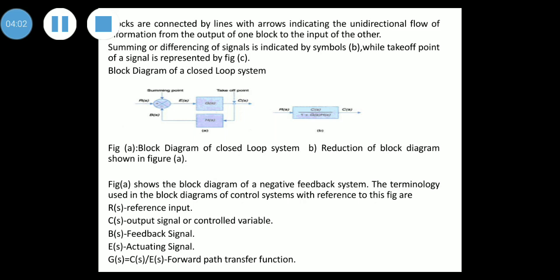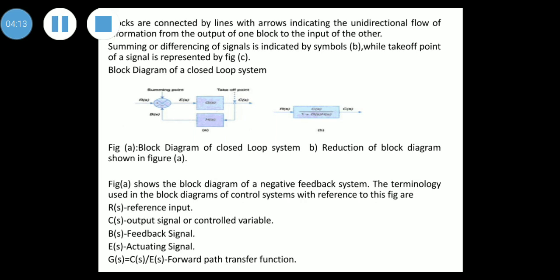Whatever terminologies are used in this block diagram of a control system: R(s) represents the reference input, B(s) represents the feedback signal, E(s) represents the actuating signal, and G(s) = C(s)/E(s) represents the forward path transfer function.